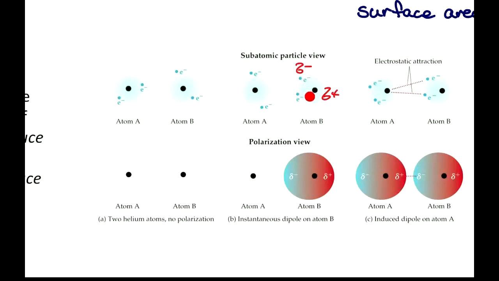So this temporary dipole can induce another dipole in a neighboring atom. This electron will be attracted to the partially positive side of that neighboring helium atom. This type of attraction isn't as obvious as a sodium cation and a chloride anion. This is a temporary dipole.